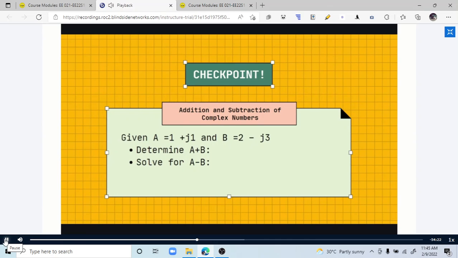Okay, very good. So we have 3.61 angle negative 33.69. Very good. How about A minus B?